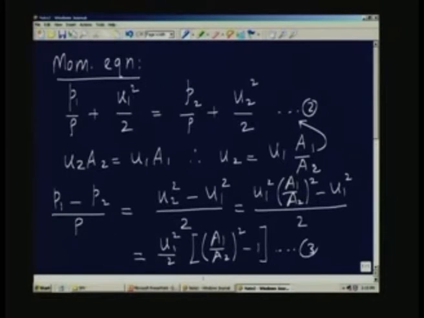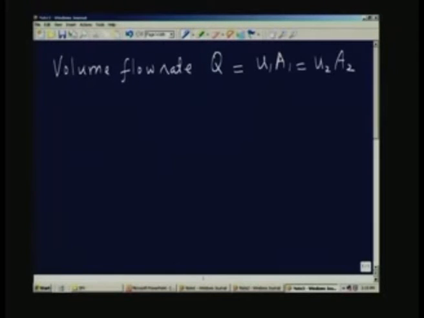I get this equation, and let us now look at the volume flow rate, which is nothing but Q equals either U1 A1, which is also equal to U2 A2, and I will use the expression for U1 from equation number 3.